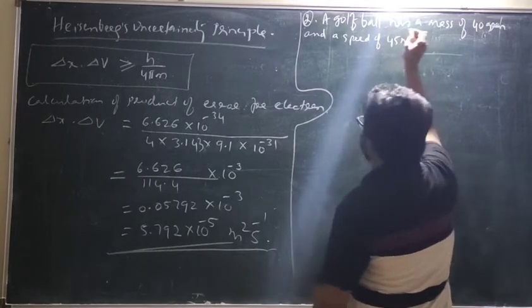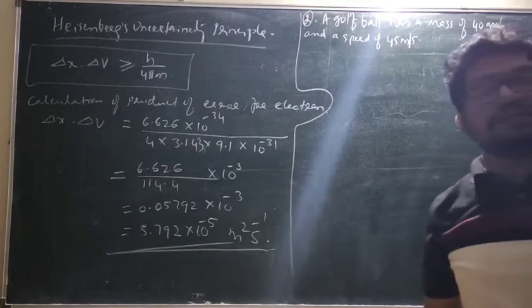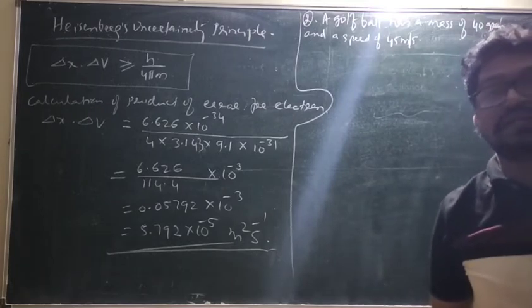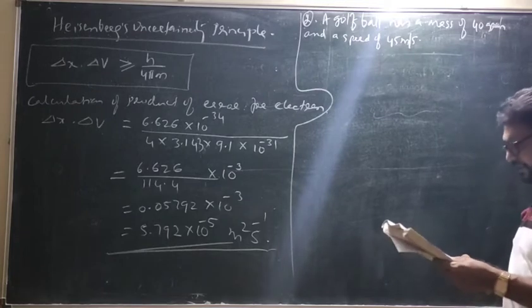So its mass is given. Velocity is given. Error in velocity is not given.